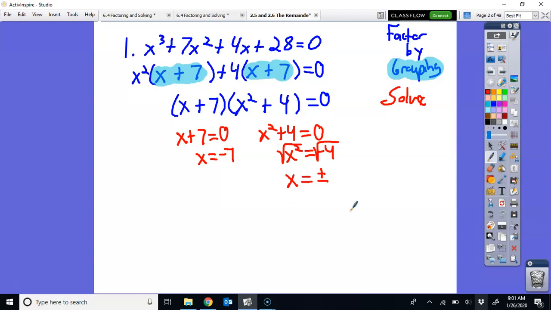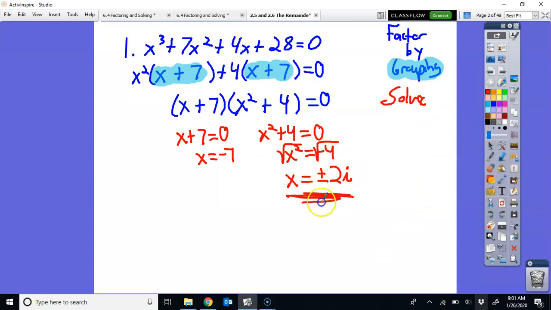Even though this one's weird, the square root of -4 is not normal, because the square root of 4 is 2. The square root of -4 would be 2i. Remember, anytime you have a negative number inside the radical, it becomes an imaginary answer.